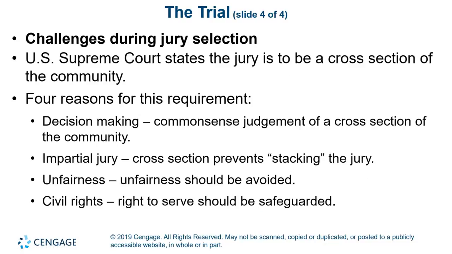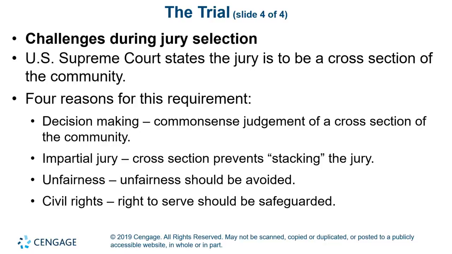So some of the challenges, when we talk about jury selection: the U.S. Supreme Court states the jury is to be a cross-section of the community. And here are some reasons for this particular requirement. Decision making: the common sense judgment of a cross section of the community.